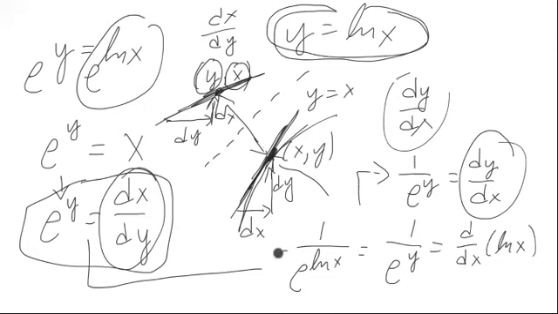So we end up just getting 1 over x. Why do we get 1 over x? That's because e to the natural log x is just x. So this tells us, in summary, that the derivative of natural log x is simply 1 over x.